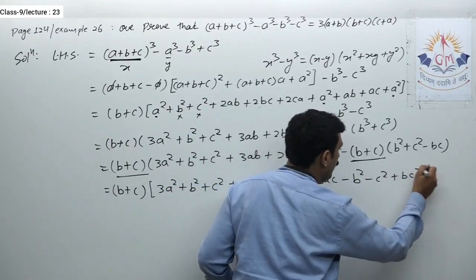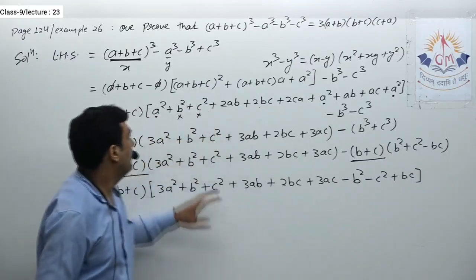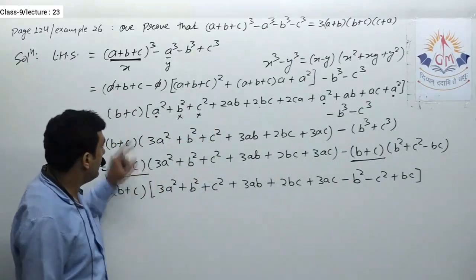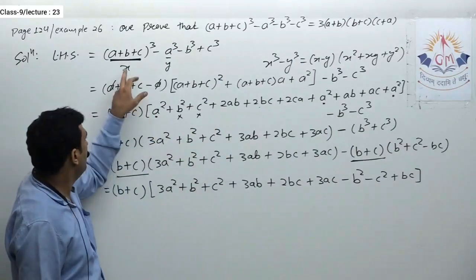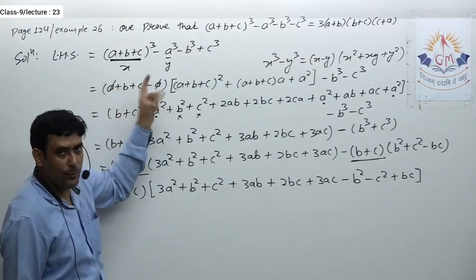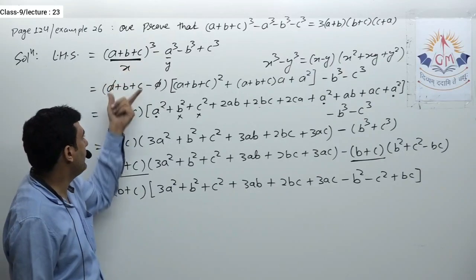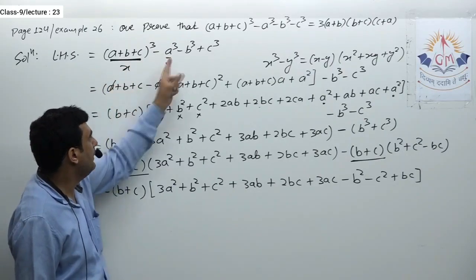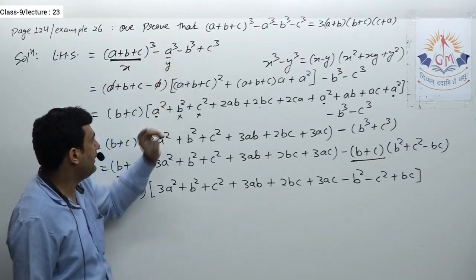Okay, I hope this is clear to you. Before I proceed ahead, let me explain this once again. Here I applied the identity of a cube minus b cube, that is x cube minus y cube. And over there, this a plus b plus c I considered as x, and this a I considered as y.